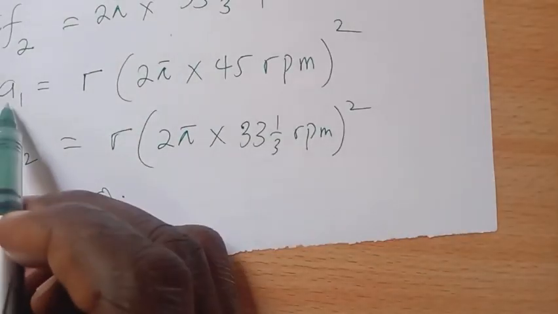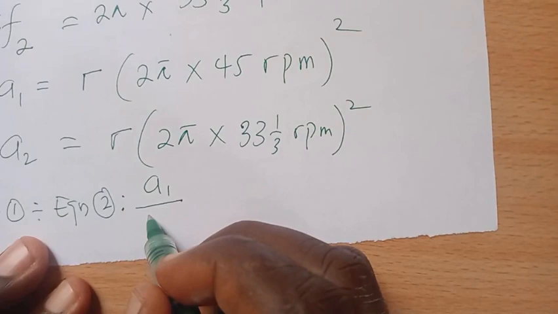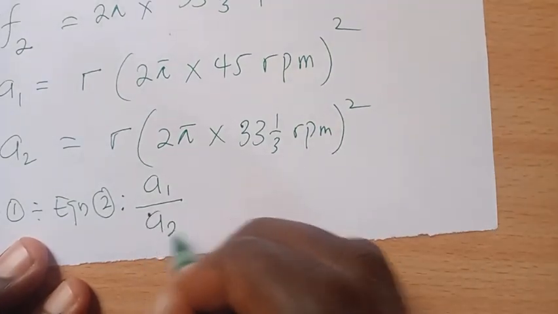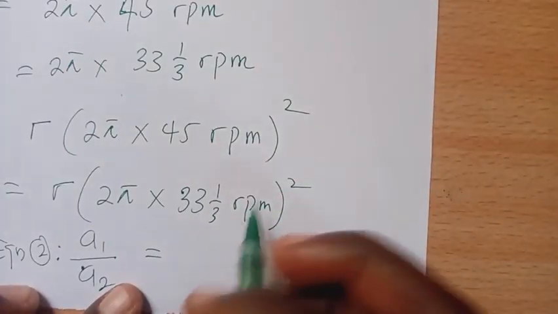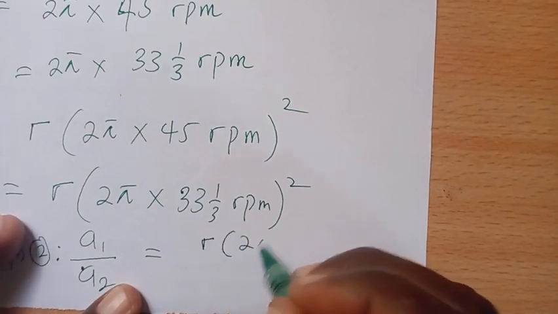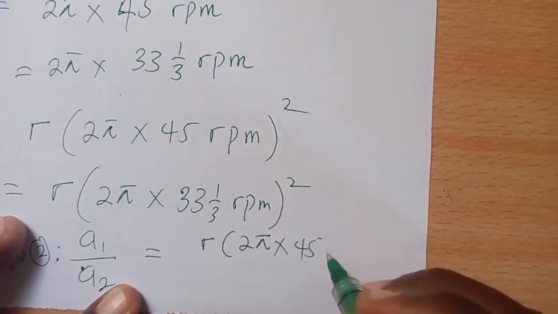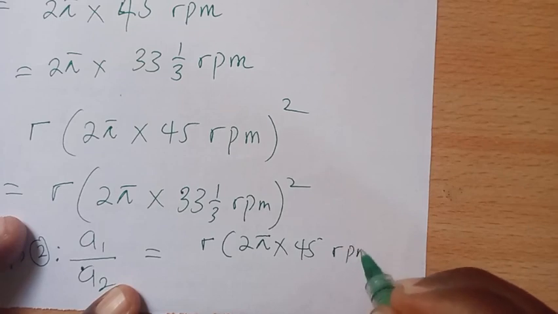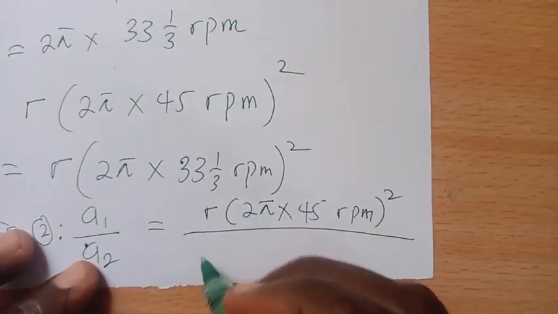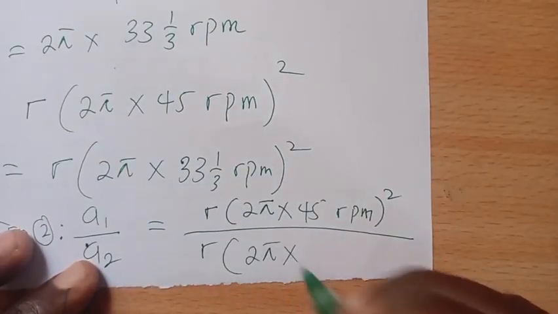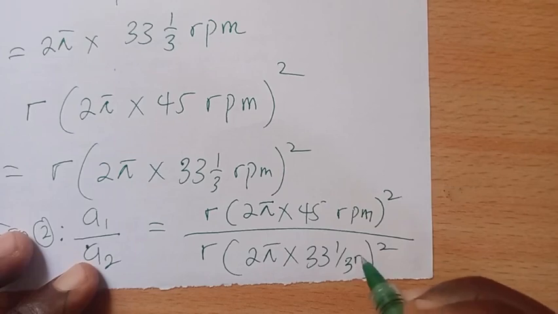I take the left hand side of equation 1, A1, divided by the left hand side of equation 2, A2, and the right hand side of equation 1 is R open bracket 2 pi times 45 rpm close bracket squared, divided by the right hand side of equation 2, R into 2 pi times 33 1/3 rpm squared.